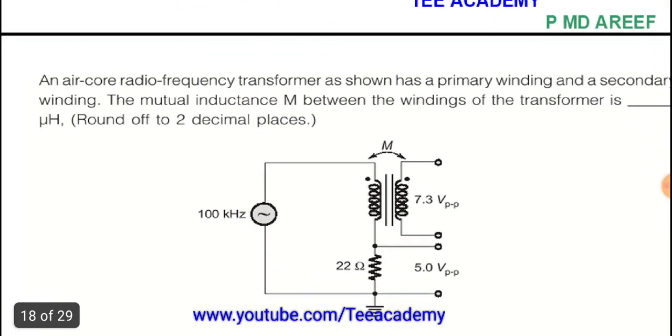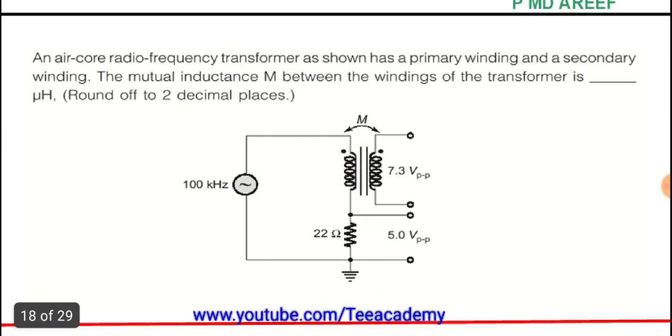And we'll move to a similar kind of question asked in the same paper. An air core radio frequency transformer is shown with a primary winding and secondary winding. The mutual inductance M between the windings of the transformer is to be calculated. The voltage source is given, but the voltage magnitude is not mentioned. 100 kilohertz is given, and there is a 22 ohm resistor, with a peak to peak magnitude of 5 volts.